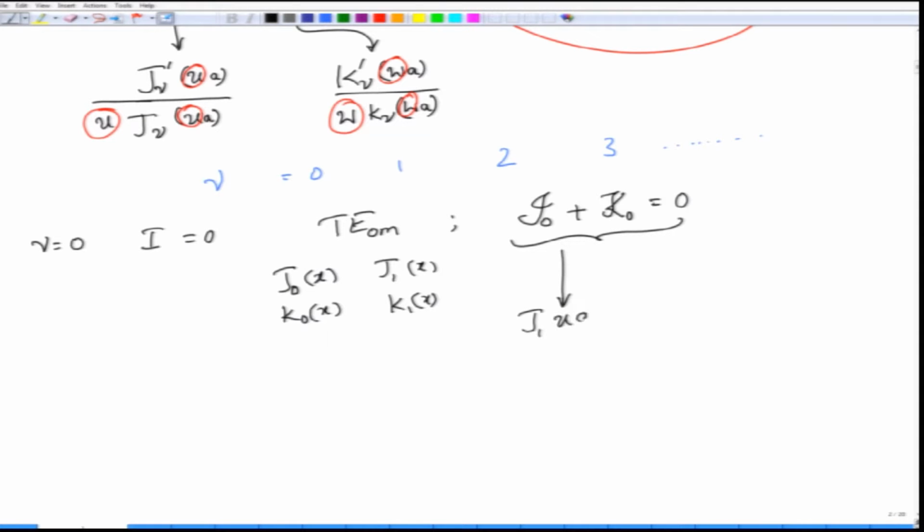that would turn out to be J1 UA divided by U J0 of UA plus the K0 term, K1 WA divided by W K0 of W times A. So, this entire thing must be equal to 0.